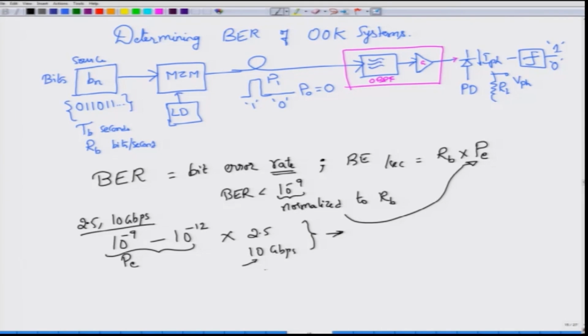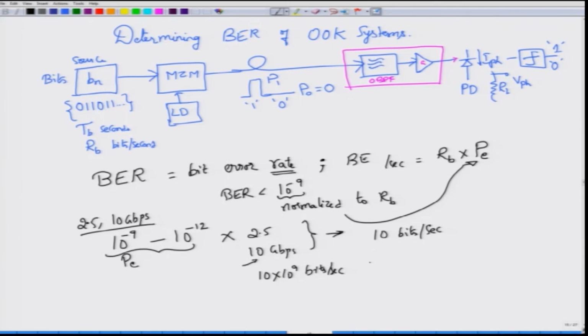So, 10 into 10 to the power 9 bits per second is what you are actually transmitting. When you multiply this with 10 to the power minus 9, the 10 to the power minus 9 will cancel 10 to the power 9, and what you get is 10 bits in error in your received signal each second, on an average.